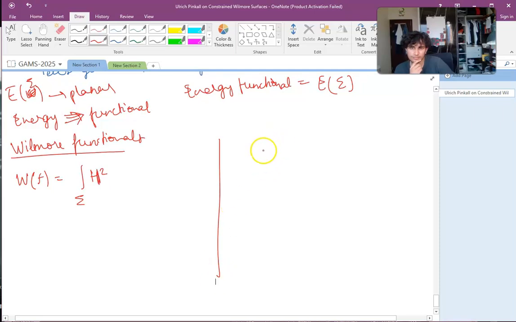Similarly, W tilde of F is going to give you the integral over the surface of h squared minus k.